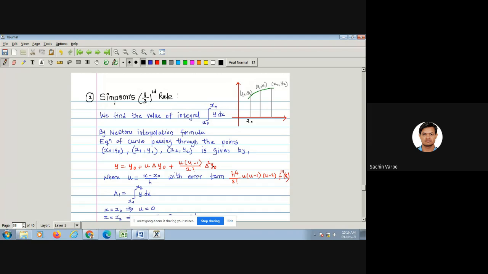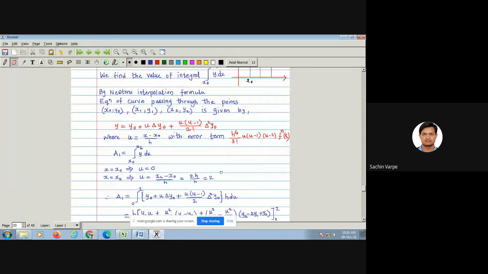That is why I have considered up to the second order forward difference operator. If the curve passes through 4 points, then we can have a non-zero delta cube y0, so the next term will be non-zero. If we are given 2 points, then the curve will be linear. If we are given 3 points, then the curve will be quadratic, and so on.